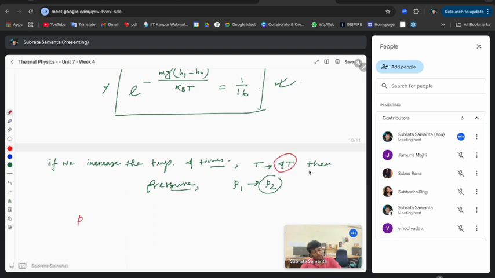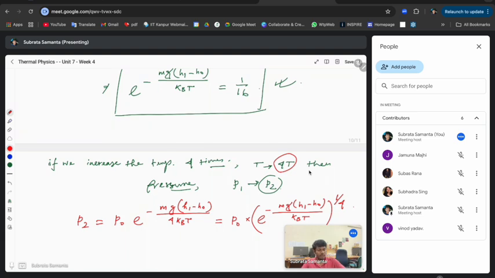So then P2 is basically P naught times e to the power minus mg (h1 minus h0) over the temperature change, so 4kBT. This is basically P naught times e to the power minus mg (h1 minus h0) over kBT times 1 over 4.